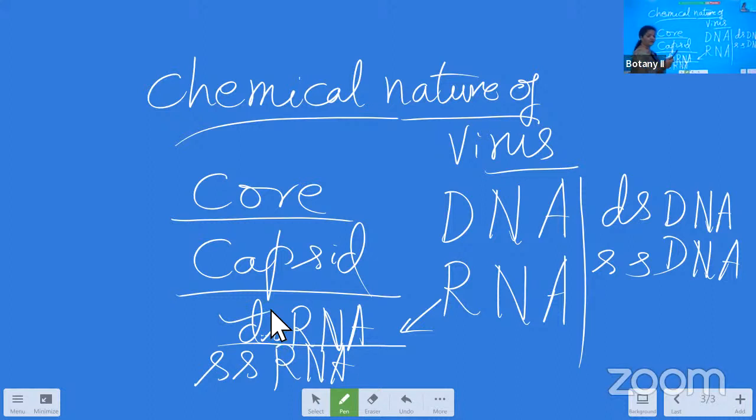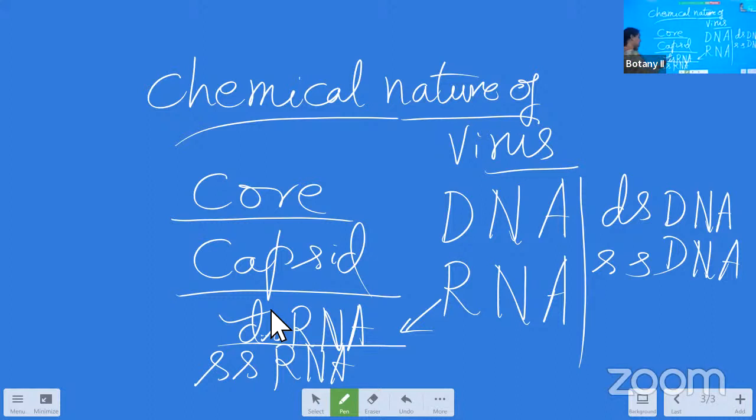And another example where what we are saying, the host genetic material and the viral organism, that is a causative organism genetic material is same. So in that case, we have to say it as a poliovirus. Poliovirus is having the single-stranded RNA and that is a double-stranded DNA, and the host is also having the double-stranded DNA. Like that.